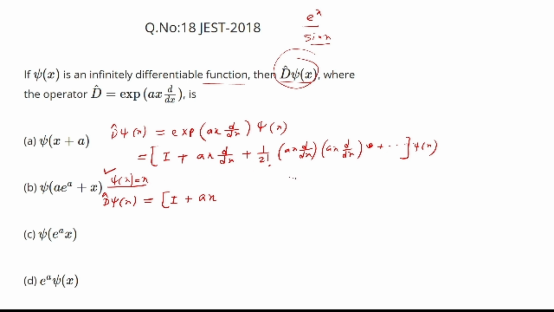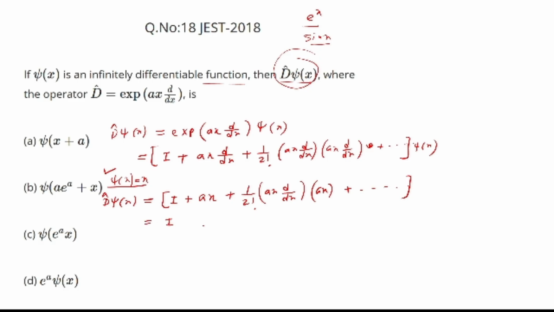Psi is x, so it will be 1. So plus a x, plus 1 by 2 factorial. Operate this on psi of x first: a x and then d psi/dx, which is 1, then only a x will be there, and the remaining part the same way.